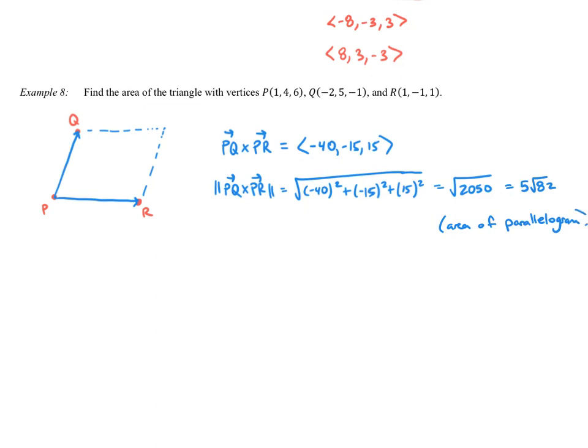Okay, so what we want is the area of the triangle right here. So just kind of deductively, I think you could probably figure it out. All we're going to do is divide that area by 2. So we have 5/2 root 82 is our answer. That is the area of the triangle.